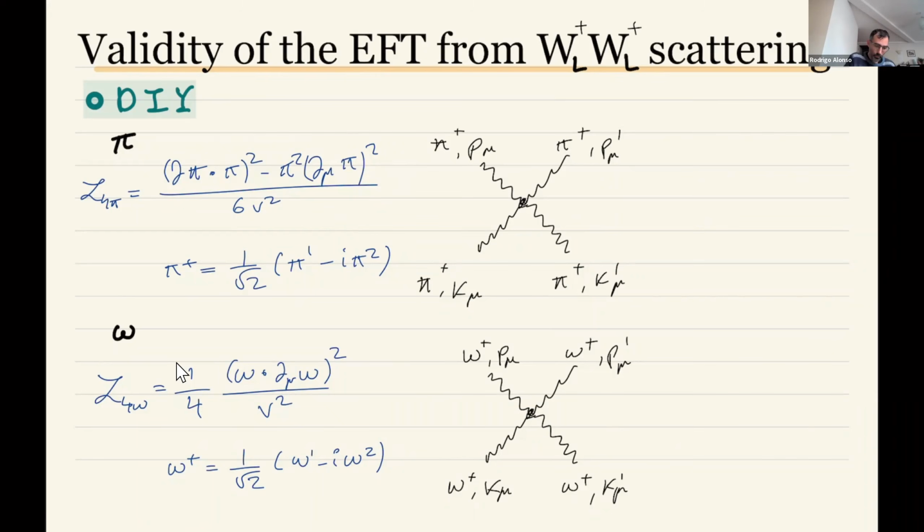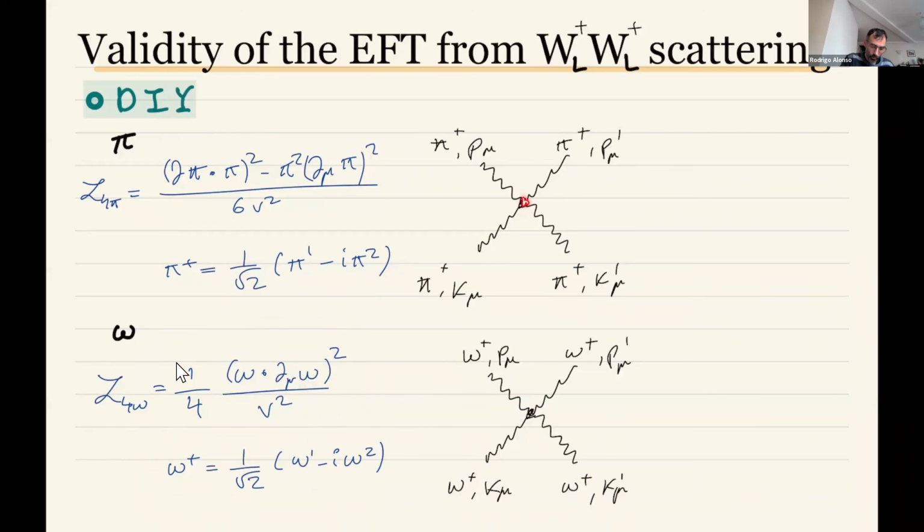So we define the charge states as this combination of pi 1 and pi 2. We can do the same for the field variables omega. In that case, it looks slightly simpler. And we again define the plus and minus for the charge components with that simple definition.